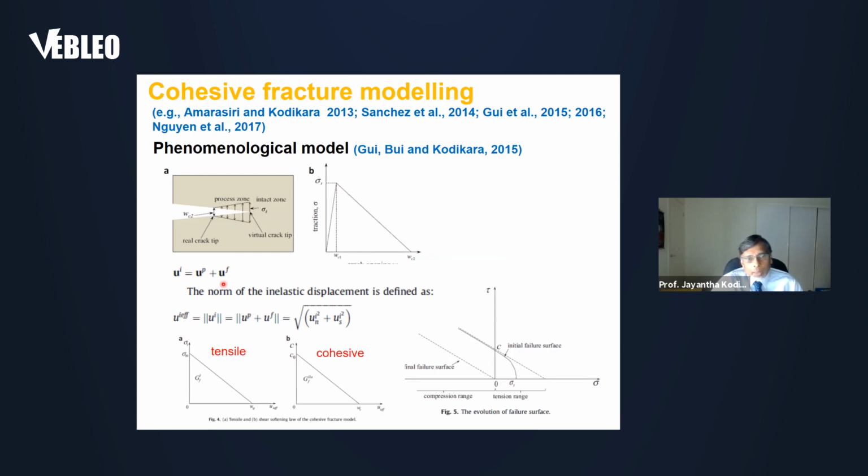Utilizing that, you can present a numerical approach to incorporate fracture formation. In fact, in this particular paper, tensile and cohesive fractures both are catered for, because in desiccation mostly you get tensile, but in some instances you get cohesive shear cracks as well.